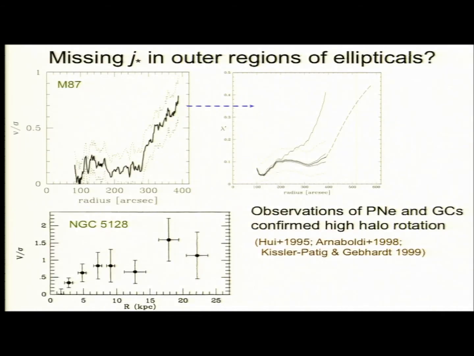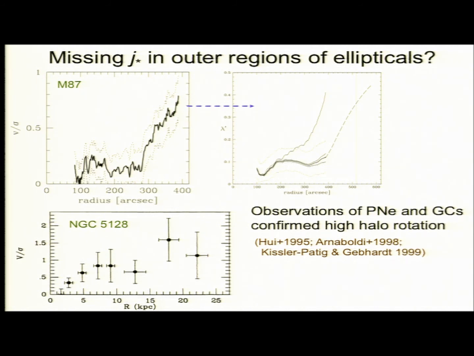And there were some pioneering attempts to look at the outer rotation of elliptical galaxies. M87 is a famous central cluster galaxy, and this is NGC 5128, thought to be a merger remnant. These early observations saw a lot of rotation in the outer parts, which seemed to support the idea that that's where the angular momentum disappeared to. It went to the outer parts.